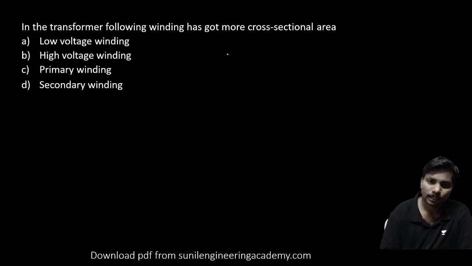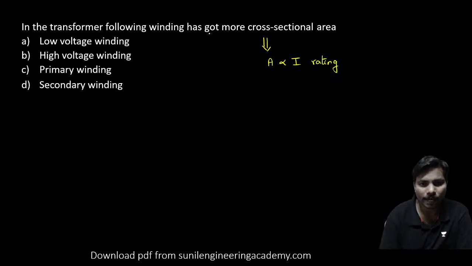Let us understand. The cross-sectional area requirement depends upon the current. The area we consider always depends upon the current rating. More cross-sectional area is required for a high current rating. High current means what about the voltage?